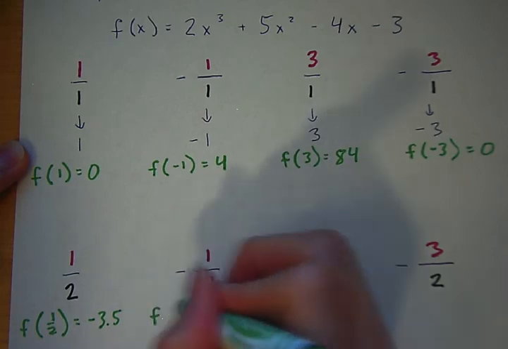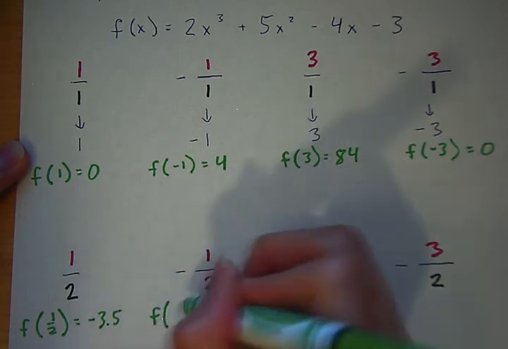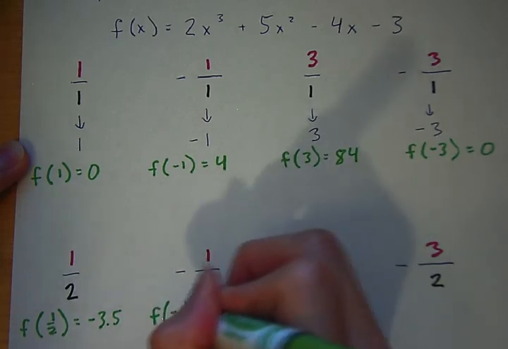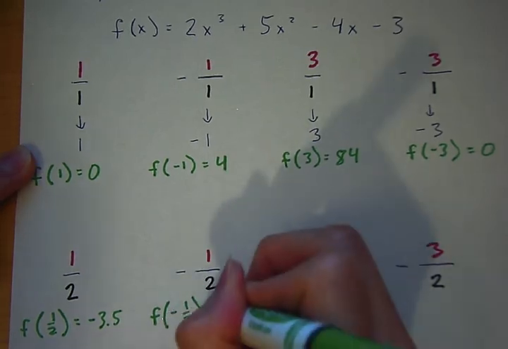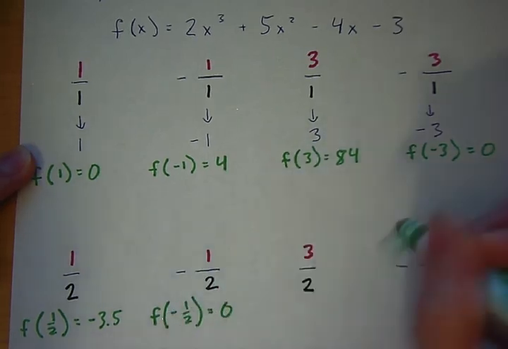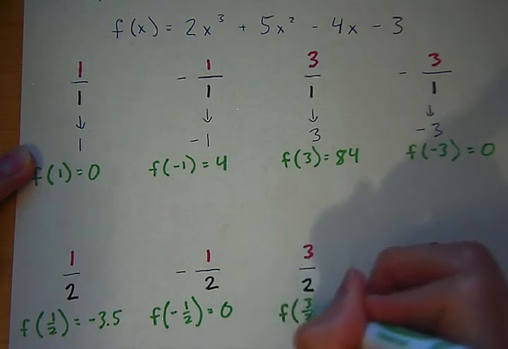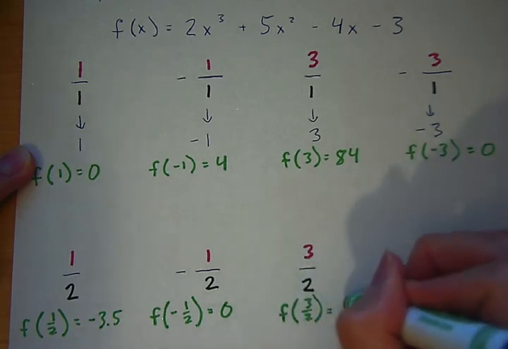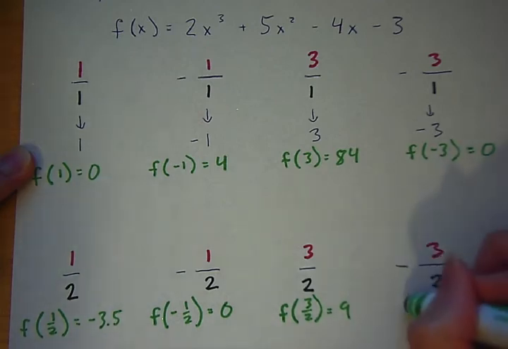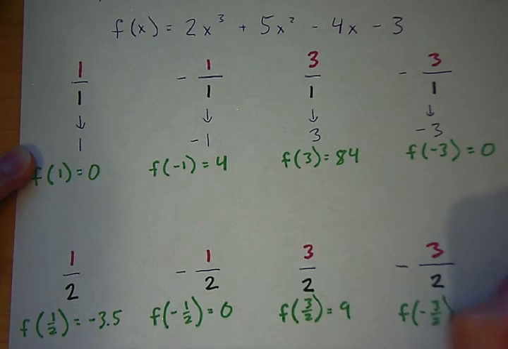If I replace all the x's with negative 1/2, y is equal to 0. F of 3 over 2 is equal to 9. F of negative 3 over 2, y would be 7.5.